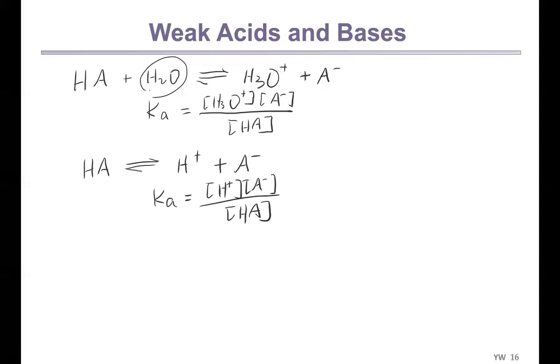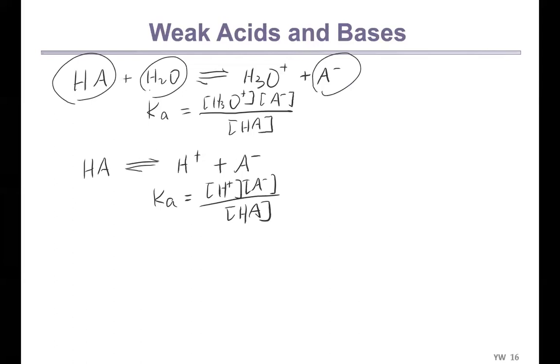And so in this case, what is the pair of conjugate acid and base? Would it be HA and A minus? Yes. HA and A minus is the conjugate acid and conjugate base.